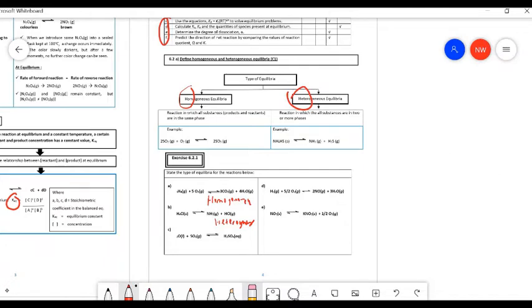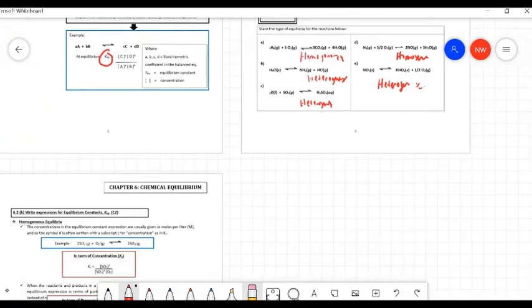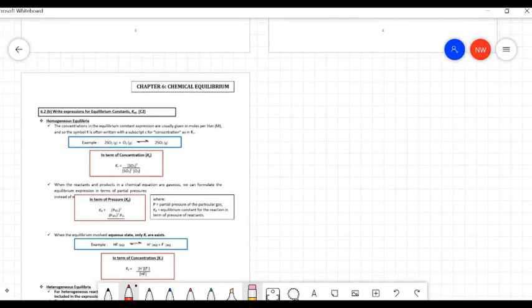And then liquid, gas, aqueous. So ini pun heterogeneous. And then we have gas, gas, gas, all gas. So ini adalah homogeneous sebab same phase. And then solid, solid, gas. So this one adalah heterogeneous equilibrium. Alright.